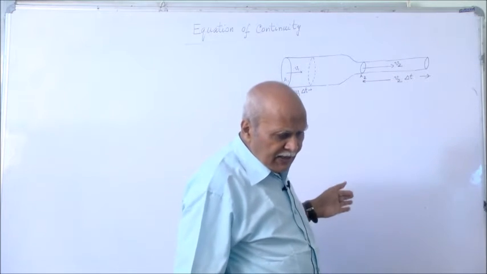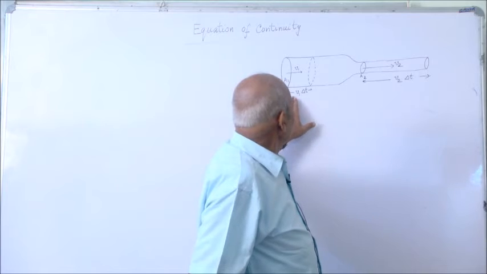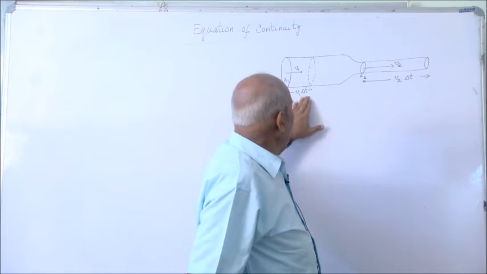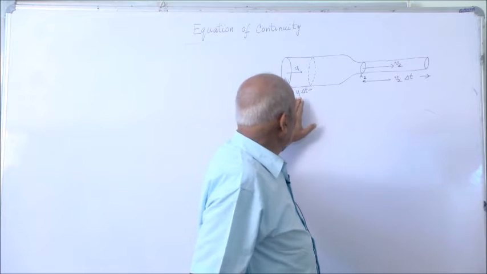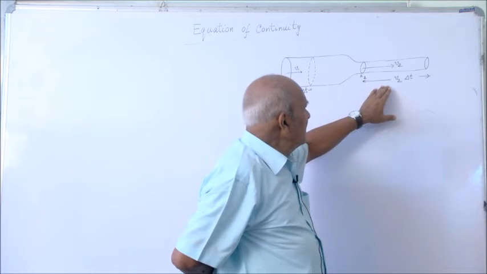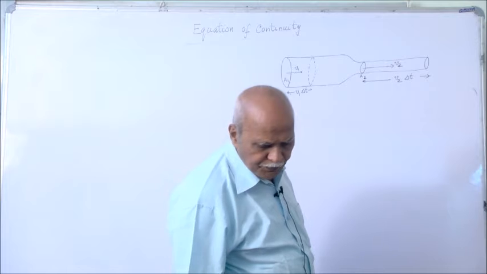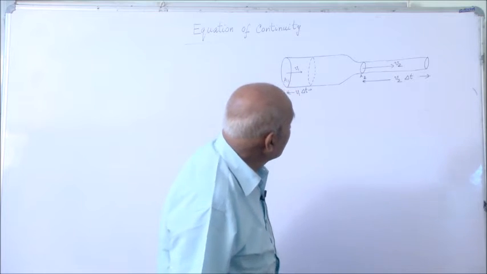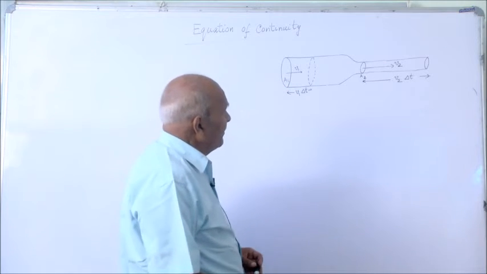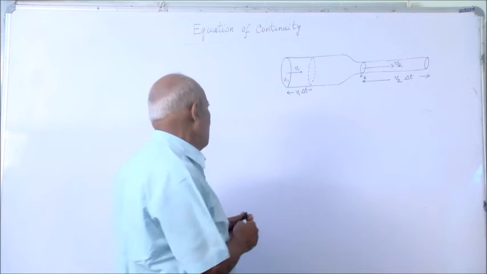So, in a time delta t second, distance covered by the liquid is V1 delta t and here it is V2 delta t, but volume of liquid remains the same because it is streamline flow.